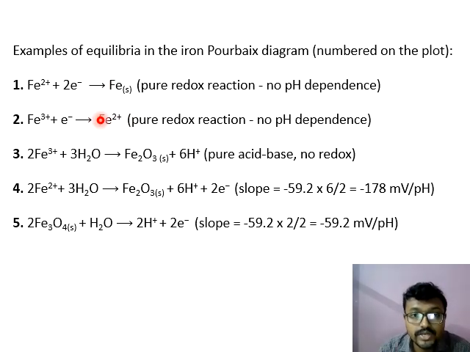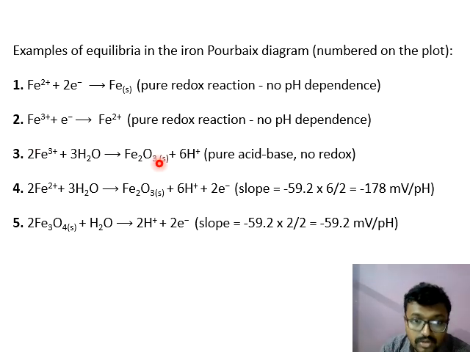So these first two reactions are pH independent, redox dependent reactions. Okay, next reaction is iron 3 plus to iron oxide formation.